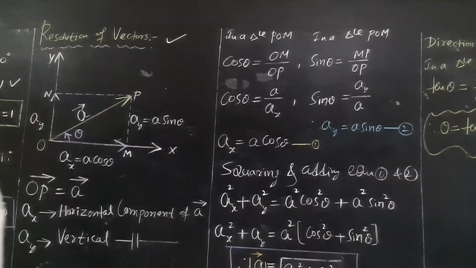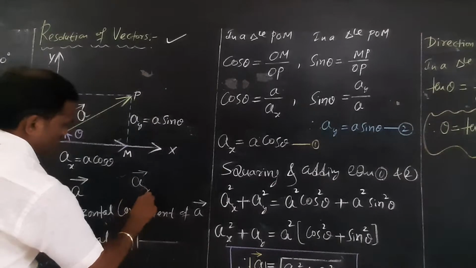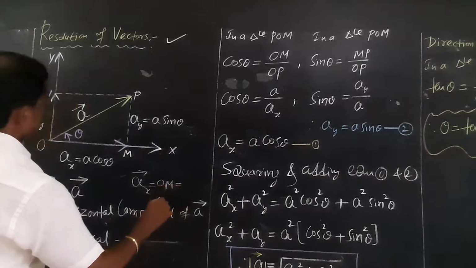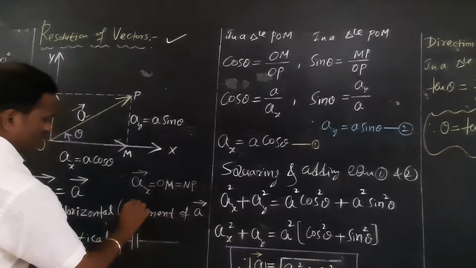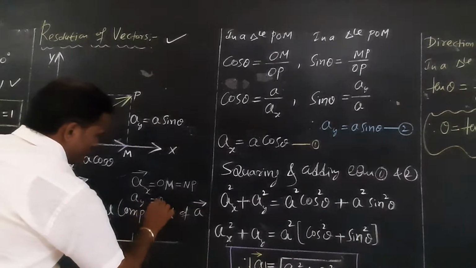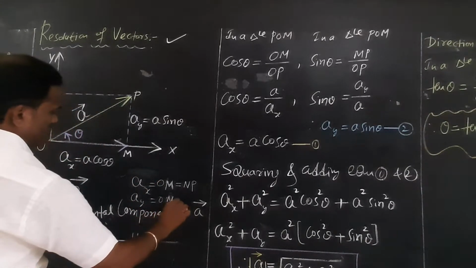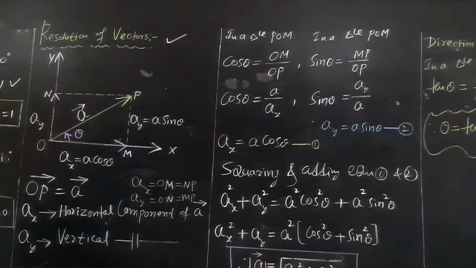So, Ax is the horizontal component, which I can write as OM or NP. Again, what is Ay? Ay is ON, which is also equal to M to P.